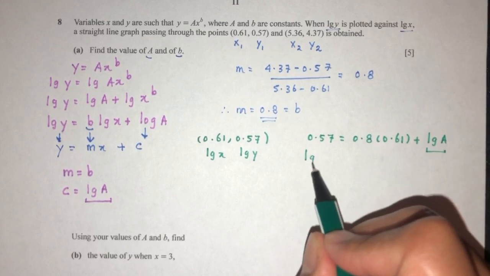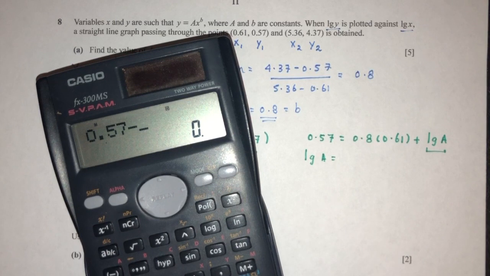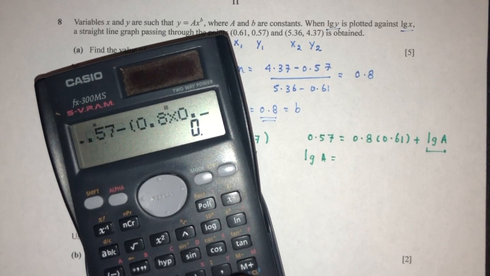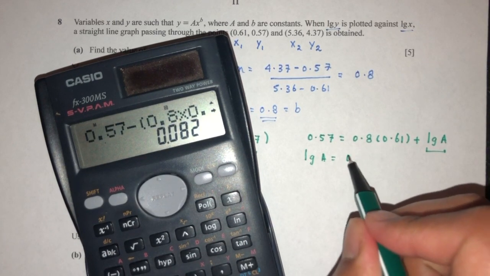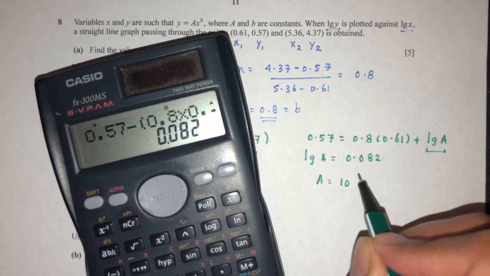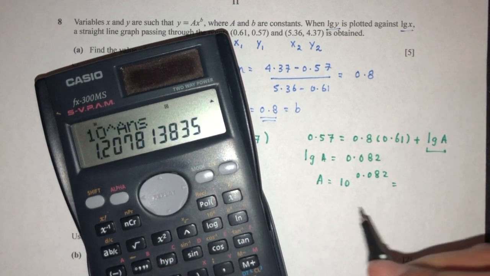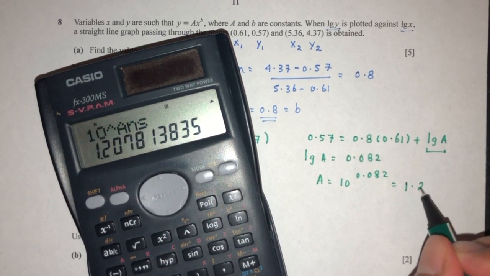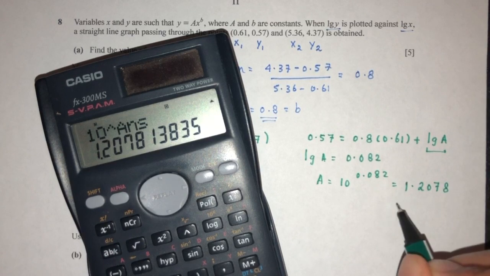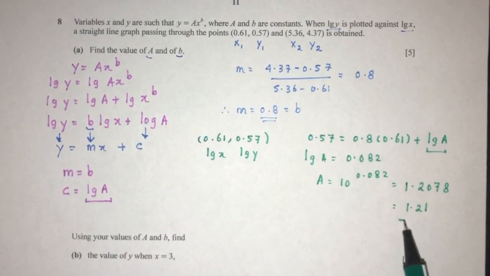So log of a will be what? 0.57 minus 0.8 times 0.61, and that will be 0.082. So a will be 10 power 0.082. That will be 1.2078, 1.21, correct to 3 significant figures. That is your value of a.